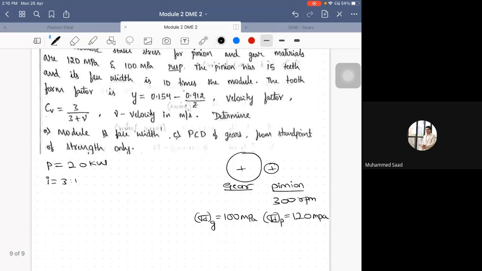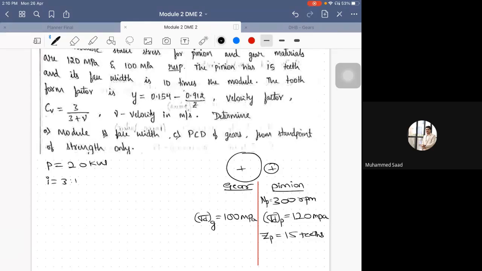So for the pinion, again, I just draw a line there so that it bifurcates everything. Okay, good. This is NP, speed of the pinion, I could write it as. Similarly, the number of teeth on the pinion is given. How much is it? It is 15 teeth. That's great.